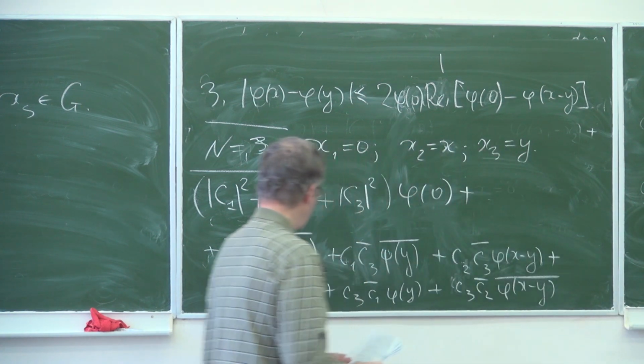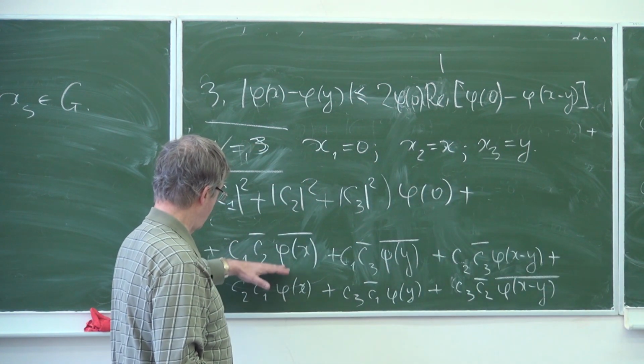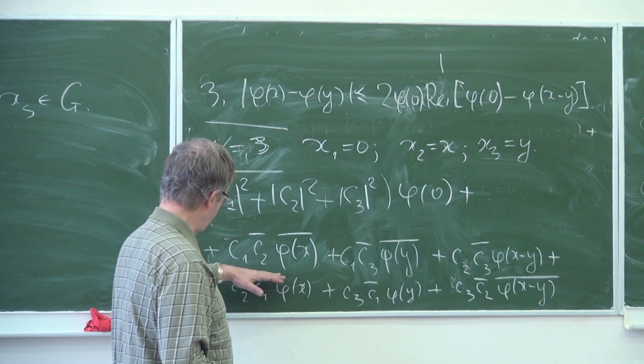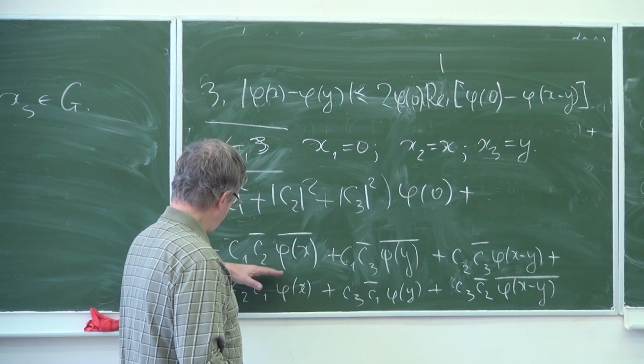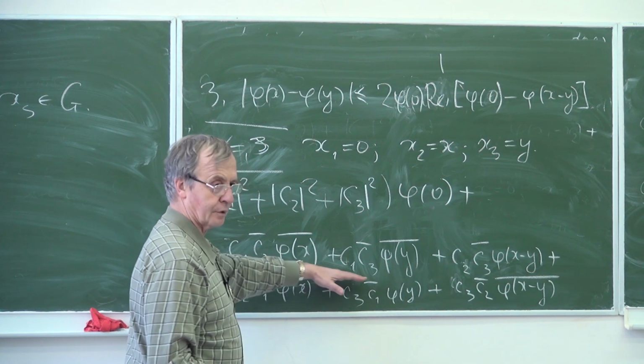Okay, so the terms which are one lower than another are complex conjugate.